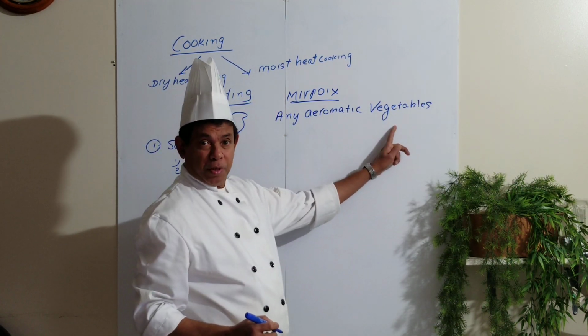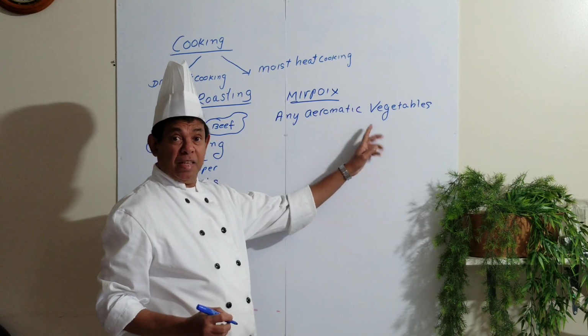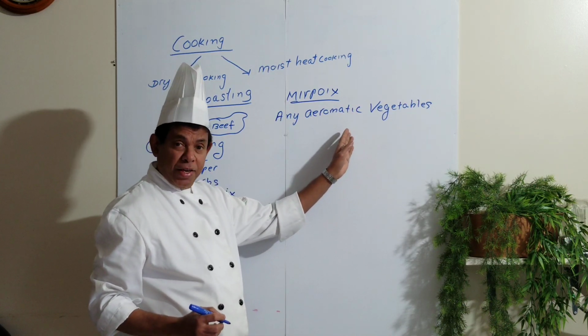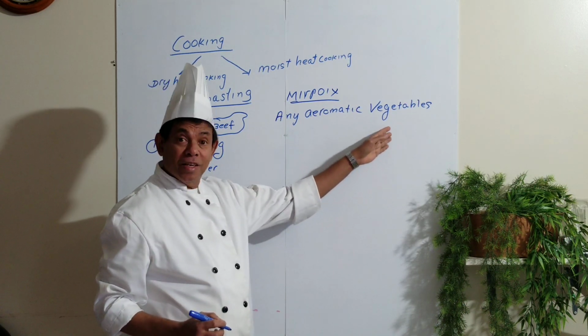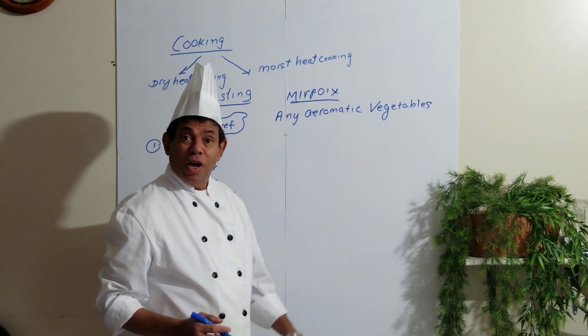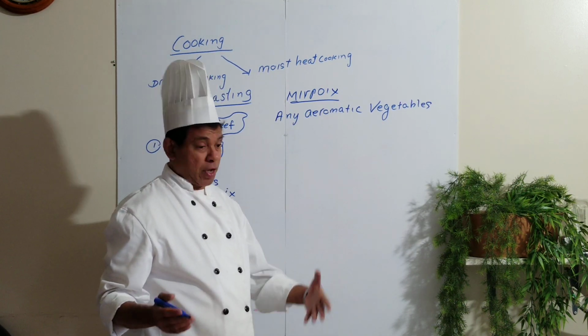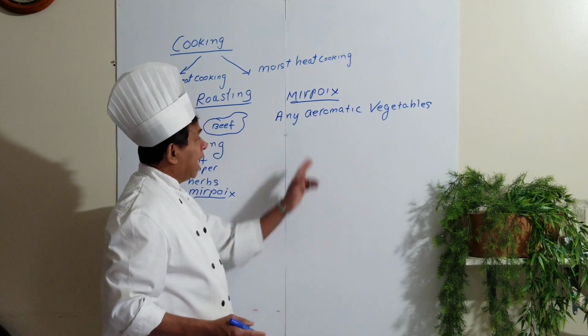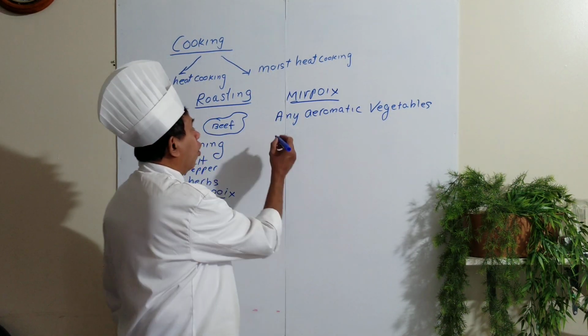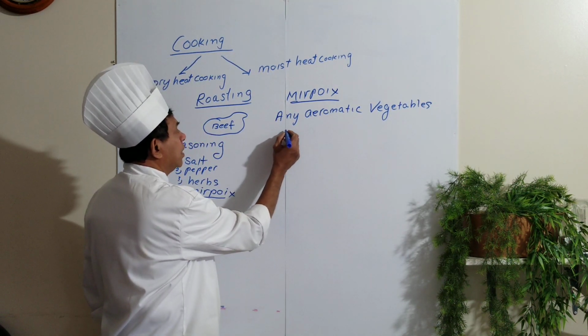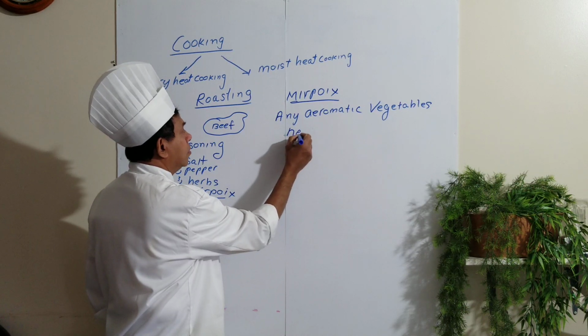Any aromatic vegetable. People can use onion, carrots and celery, and some other vegetables too. Any aroma-giving vegetable you can use as you like, or herbs.